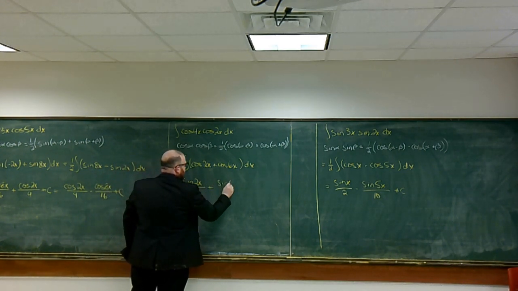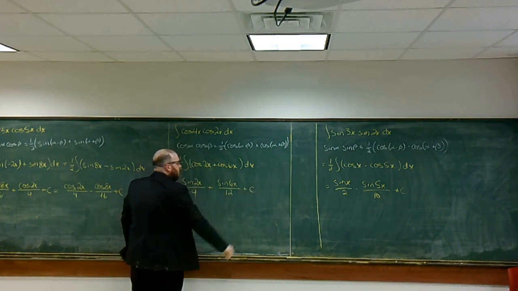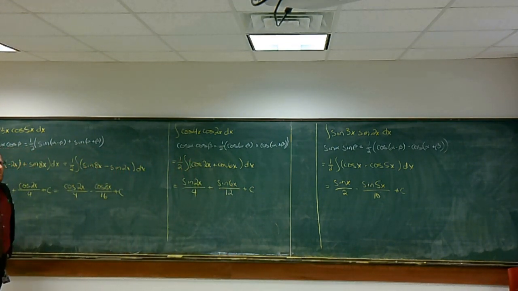Cosine 6x, antiderivative: sine of 6x over 6, times 2. Add your constant. There's your antiderivative.